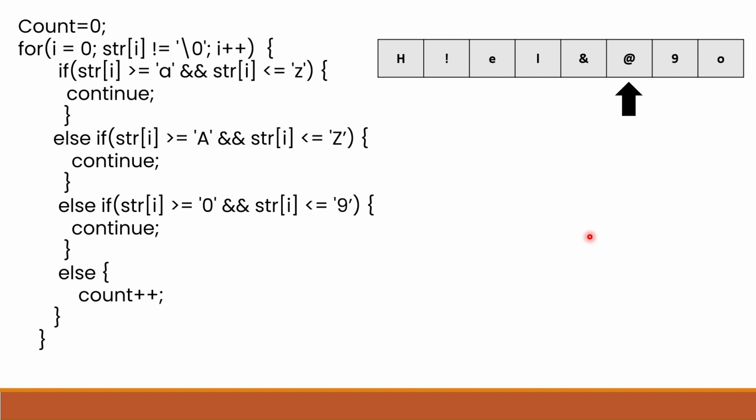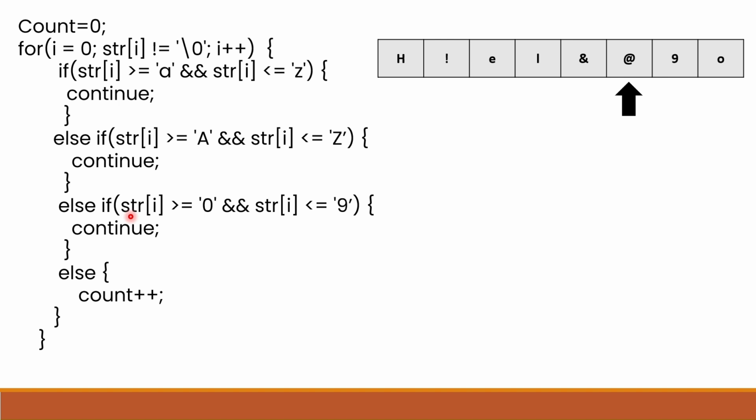So the str of i's value will be at. So we have to check this if condition. If str of i is a small letter, no, at is not a small letter. So we'll go to the else if loop and check if at is a capital letter. No, at is not a capital letter too. So we have to go to the next else if loop and see if it is a digit.